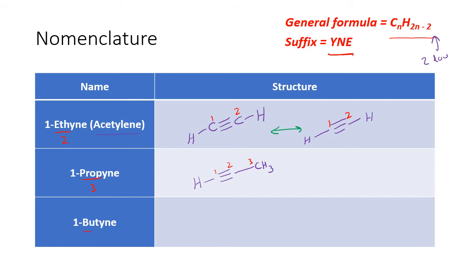Butyne, so but is 4. Same idea, we're going to have our terminal hydrogen connected to our triple bond. This is carbon 1, carbon 2, drawing it linear. Drawing it linear, we're going to have carbon 3. And then now adding our next carbon, because we're just going to be adding a single bond, sp3 hybridized, we go back to that zigzag branching that you learned originally when drawing molecules using line bond structure.